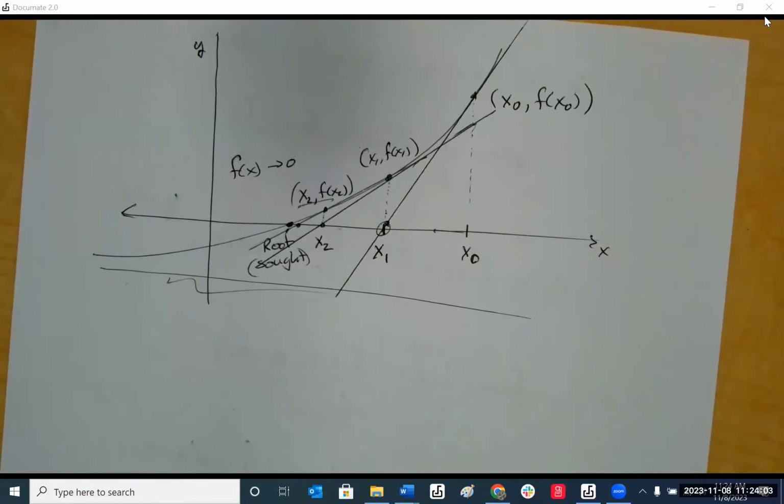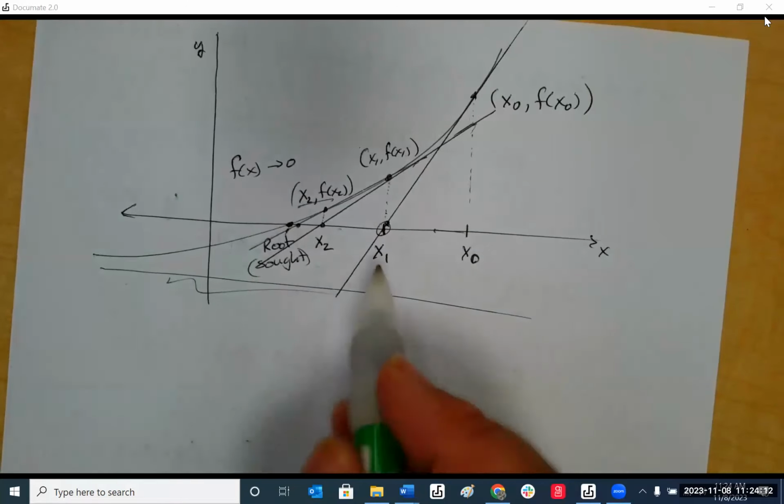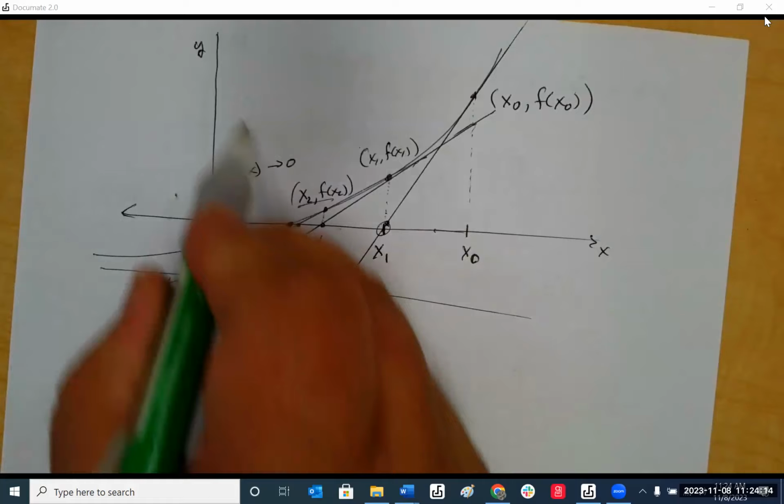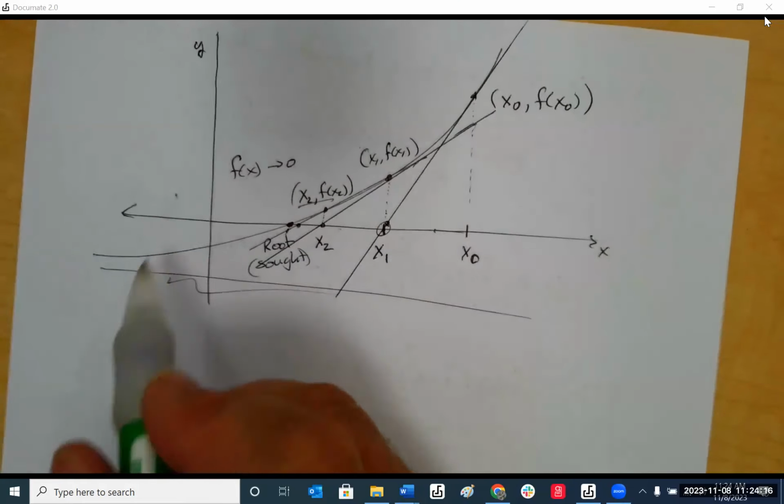Kind of like the limits. I think this is a better way of showing it: as x gets closer to c, f goes closer to 0, the limit.